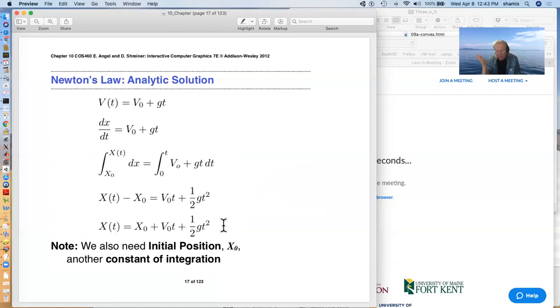This turns out to be a parabola in t. And notice again, I need this initial position, x0, a constant of integration. This is why I have 6 degrees of freedom. I need to know where it is, the x's, and I need to know how fast it's going, the v's, in order to predict where it will be and how fast it will be going at some later time.